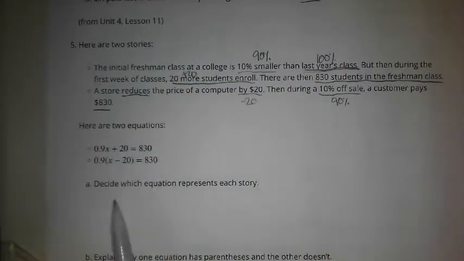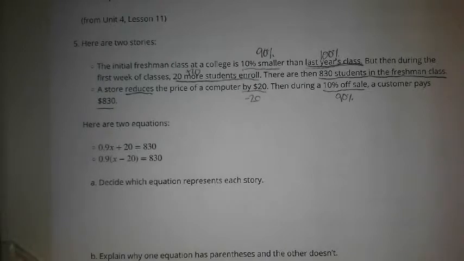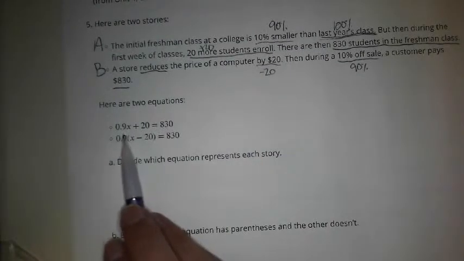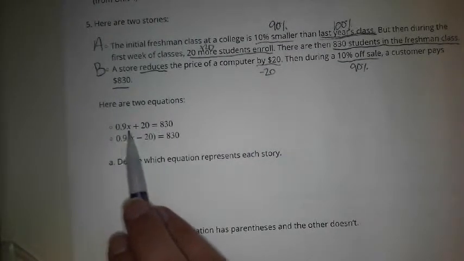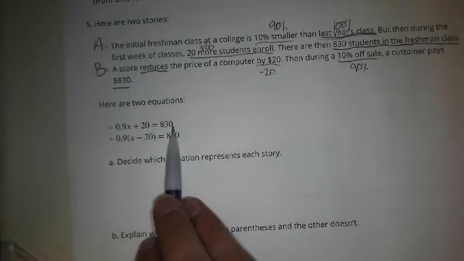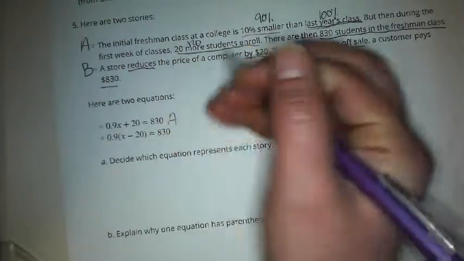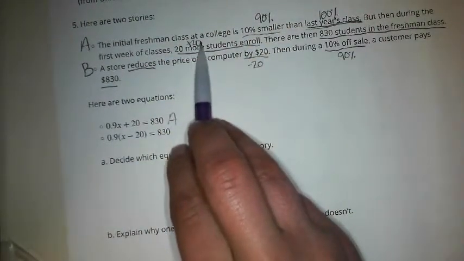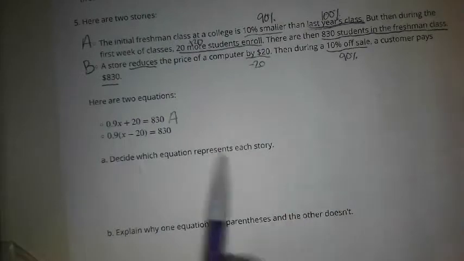And there's 2 equations here. Decide which equation represents each story. So I'm going to label this A and B. So here I have 0.9 times x, so that's our 90%, plus 20 equals $830. Well, that was the freshman class one, because I remember writing plus 20 here because there's 20 more students.